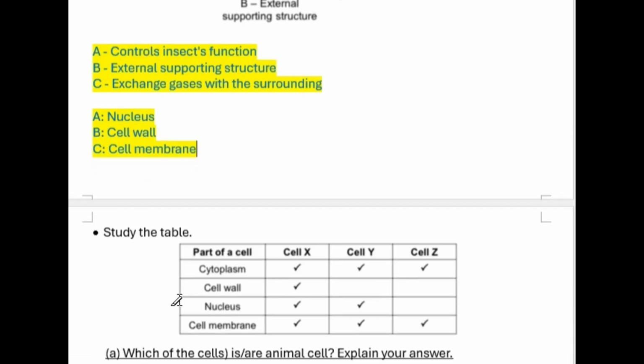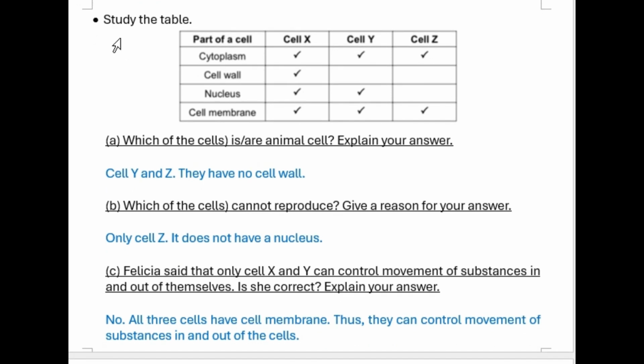Study the table. Which of the cells is/are animal cell? Explain your answer. Cell Y and Z. They have no cell wall. B. Which of the cells cannot reproduce? Give a reason for your answer.